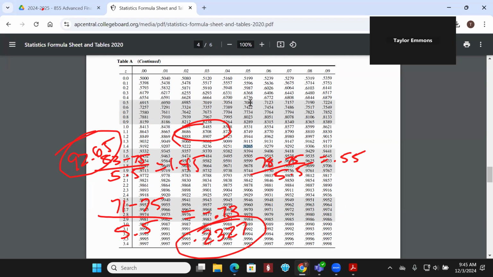That's 0.7088. But we have to do 1 minus that because it says at least. So that's 0.2912. Okay. Questions on that one? Are we okay on those three?